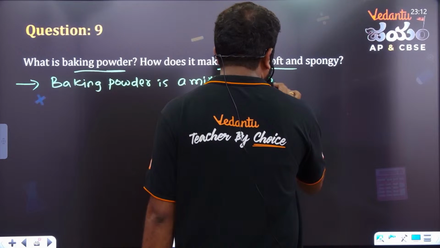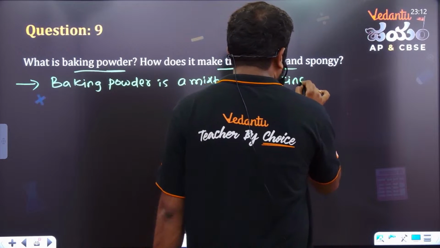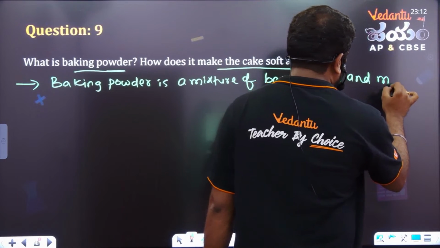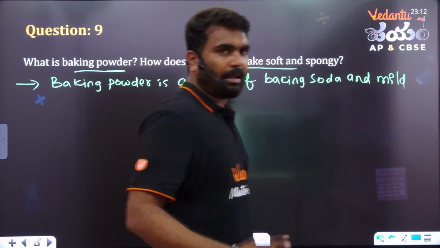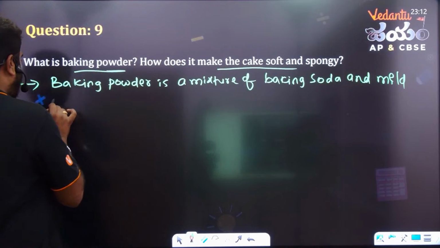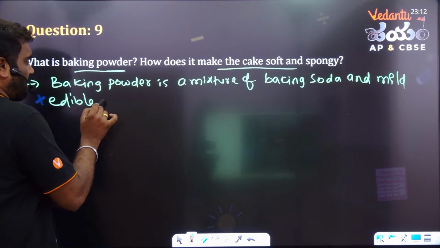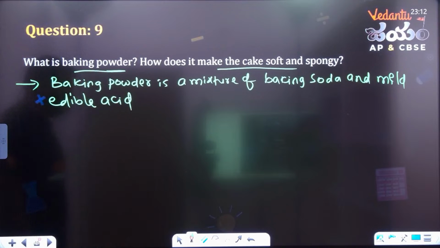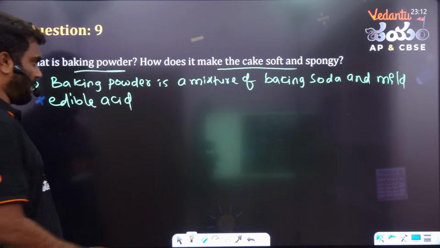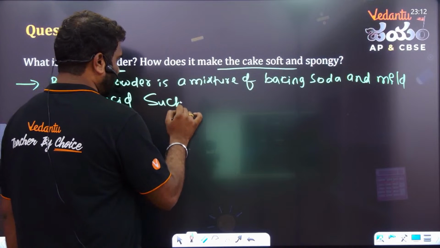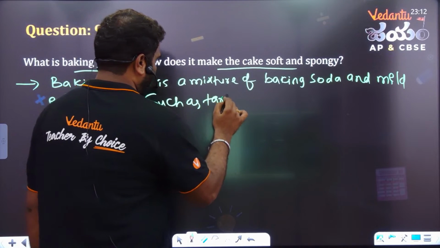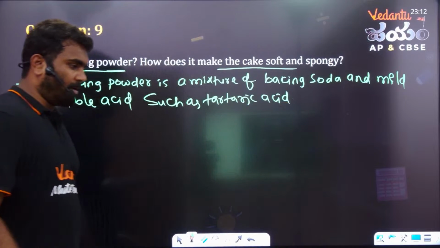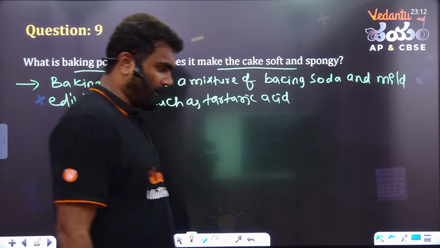Baking soda and what beta? Mild ante weak beta. Mild ante em ledu weak. Okay, mild edible acid ante తినేటువంటిది edible acid. Okay, such as tartaric acid.